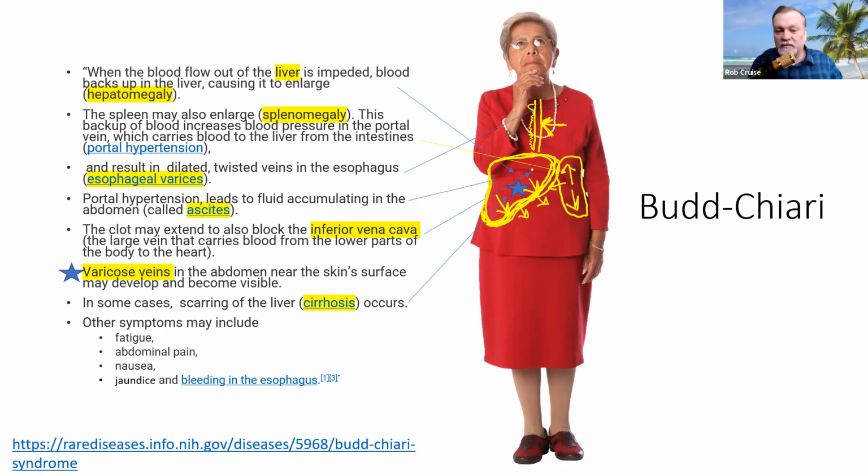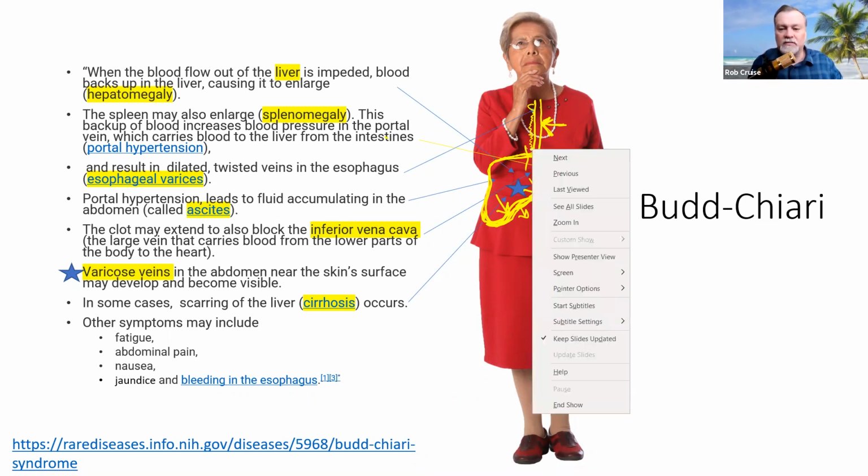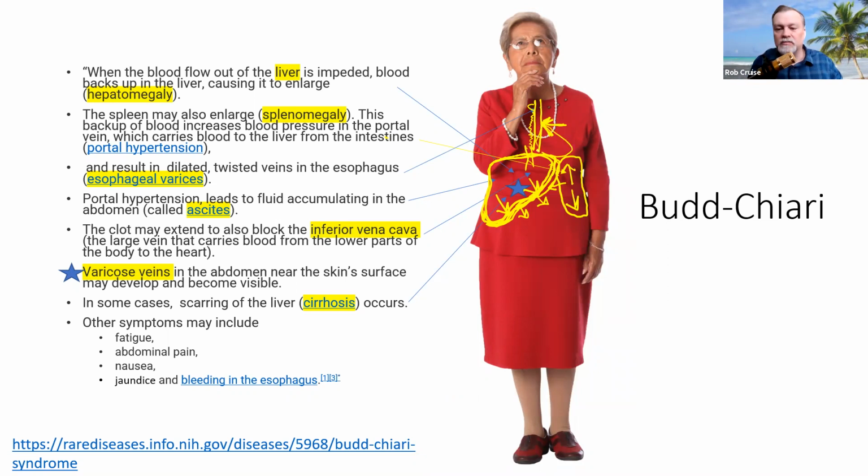Inferior vena cava is when your vena cava is coming back out, and it's going to the heart. Okay. And if that gets obstructed, you need to go in and fix that, right? Varicose veins. So your abdominal area is getting distended because of all the fluid, and that hurts.